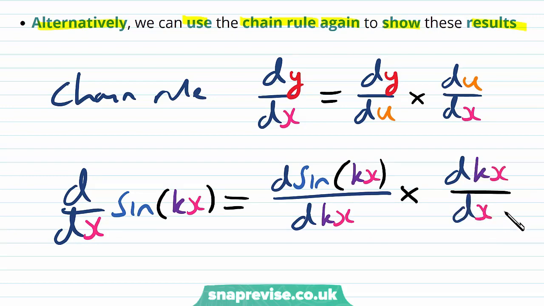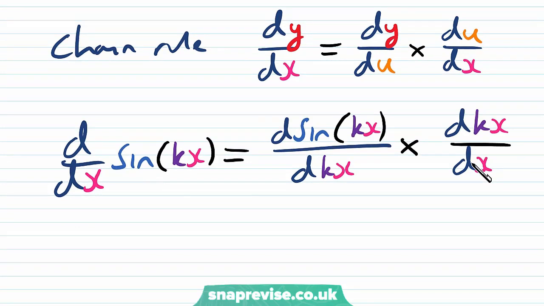This may seem a bit strange, but it is entirely simple to understand. We take our sine of kx, and then we have this input here, kx, which is common to both. And if we differentiate sine of kx with respect to kx, we're just going to get cos of kx.